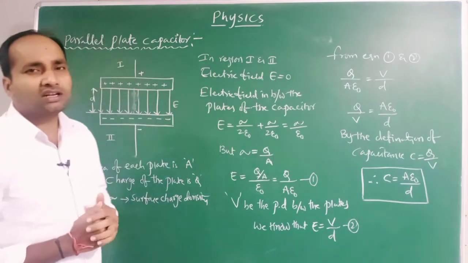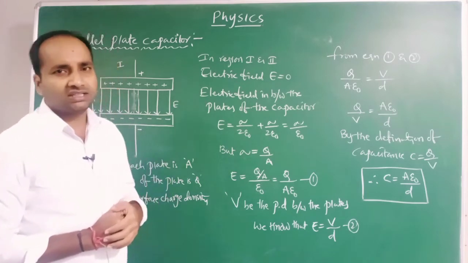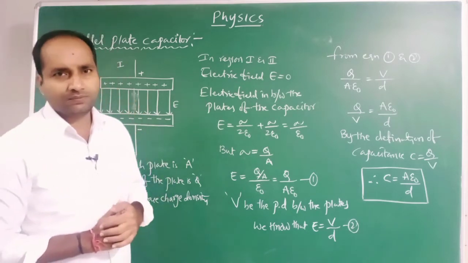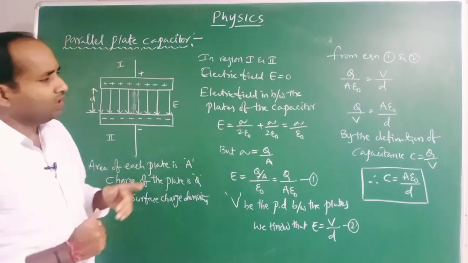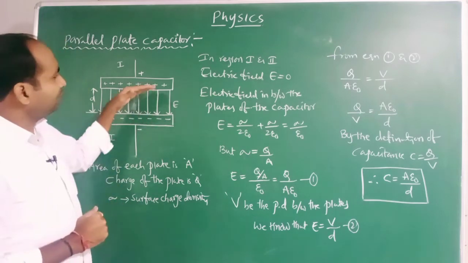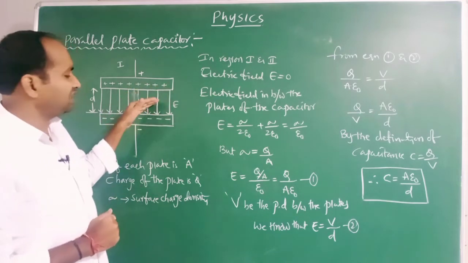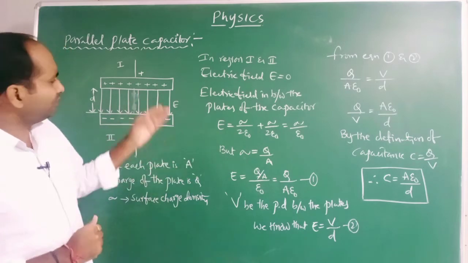Changing the area means changing the dimensions, that is the shape or size of the plates. And epsilon naught is the permittivity of free space, the medium between the two plates. Here it is air.